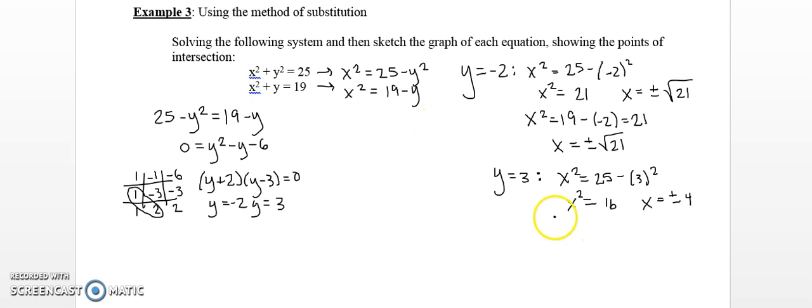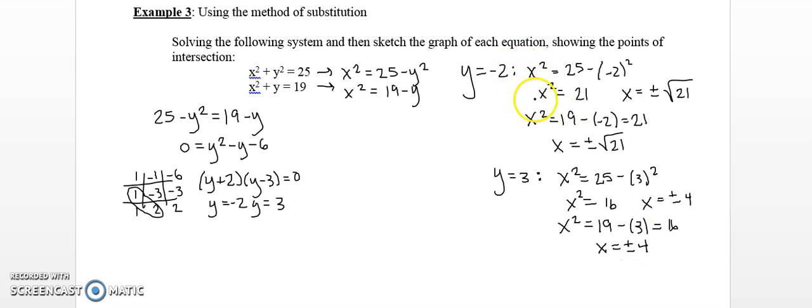And if I put it into the other equation, I get x squared is 19 minus 3. 19 minus 3 is 16. And once again, I get x is positive or negative 4.